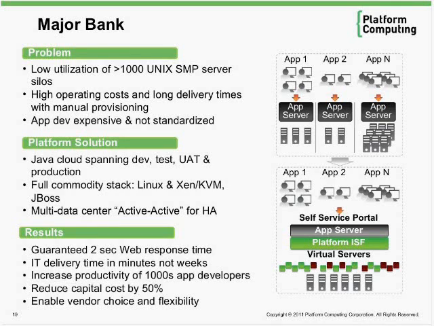Right? So they have been delivering these services through hundreds of Java applications implemented by thousands of developers and providing these services online. But they have been doing that through thousands of Unix SMP server silos. Each application, each service runs on its own hardware, and they have massive replication of all these hardware silos running applications.